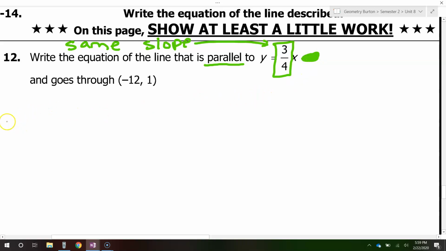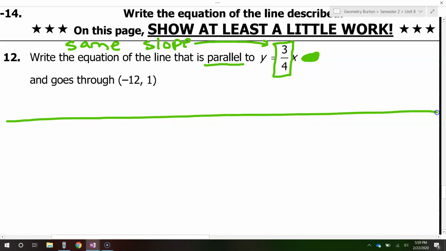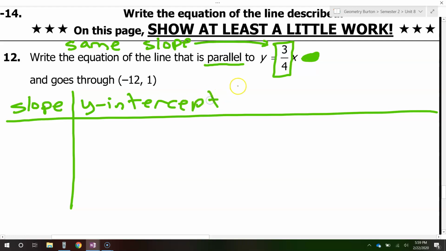So when I do my little graphic organizer thing, like I do, I'm just going to use this slope. So here I go, slope, y-intercept, equation.